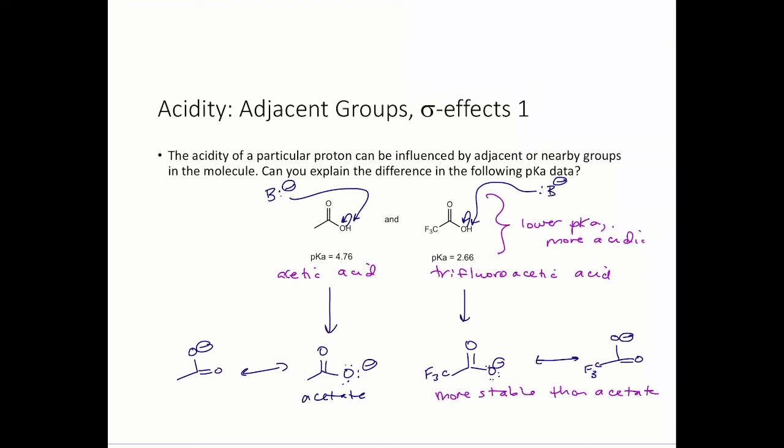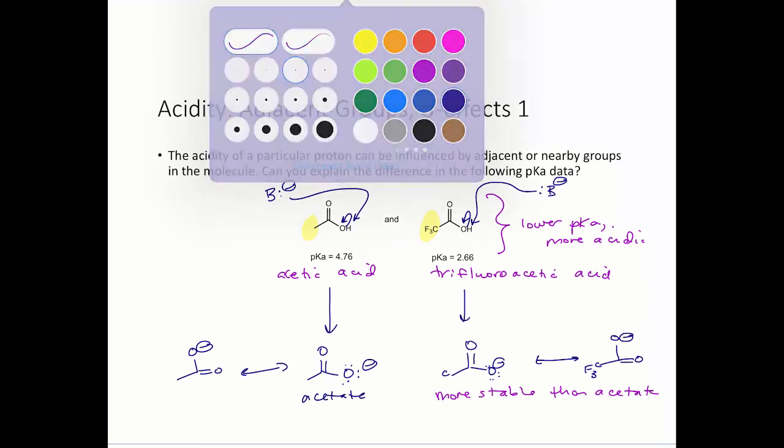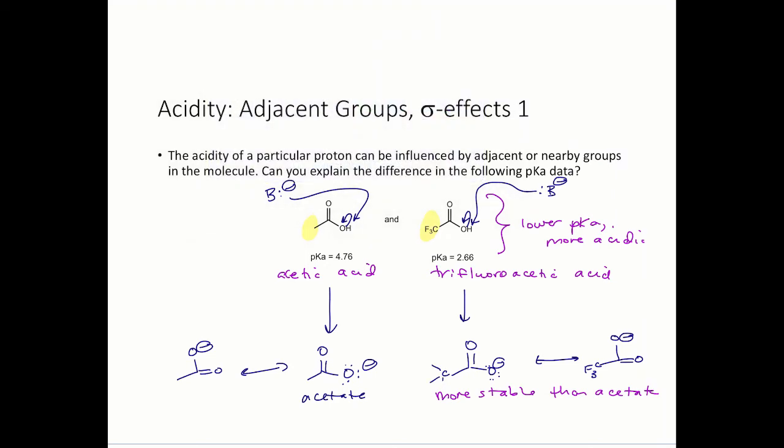Yeah, it's going to have to do with fluorine, right? It has to do with fluorine because the difference between the two molecules are the fluorine atoms. I'm going to go ahead and draw out all three fluorines so you don't have to do that. Fluorine is much, much, much more electronegative than carbon. And so all of those fluorine atoms are pulling the electrons in the bond closer to themselves.